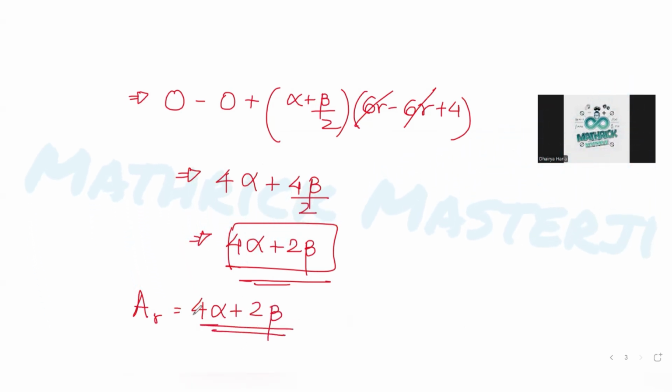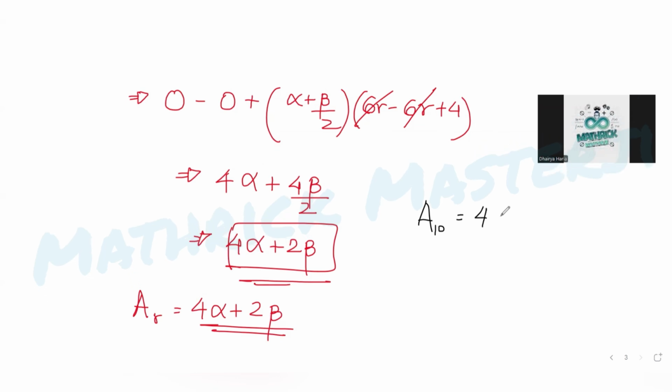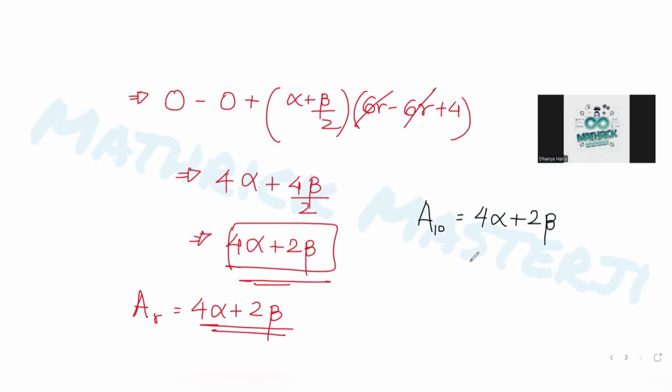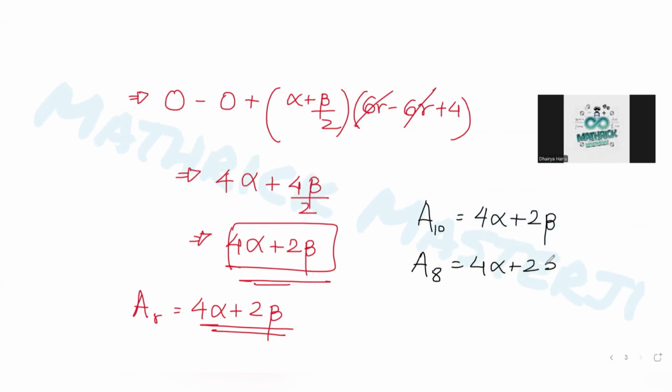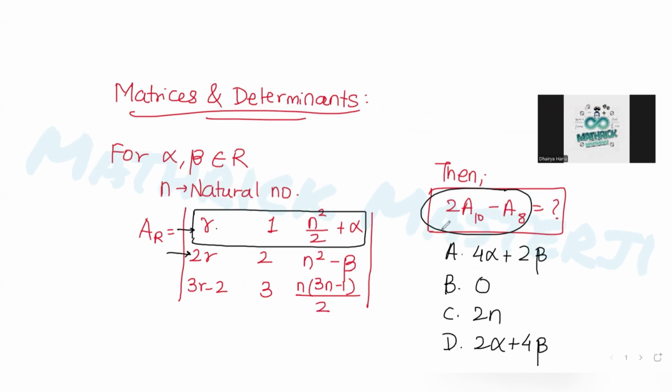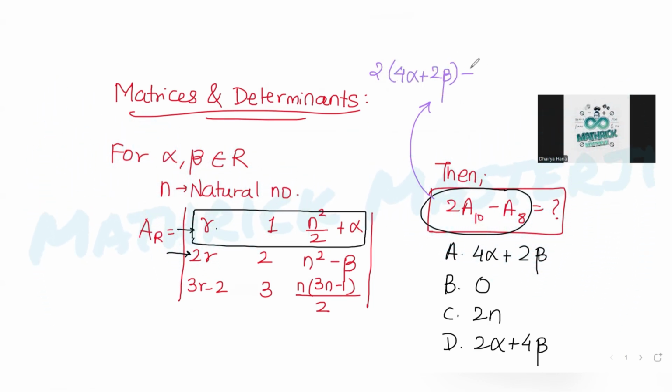Once I get the determinant's value, you can see it is independent of r. So A10 would also be 4 alpha plus 2 beta, and A8 would also be 4 alpha plus 2 beta. Now the expression asked is 2 times 4 alpha plus 2 beta minus 4 alpha plus 2 beta.